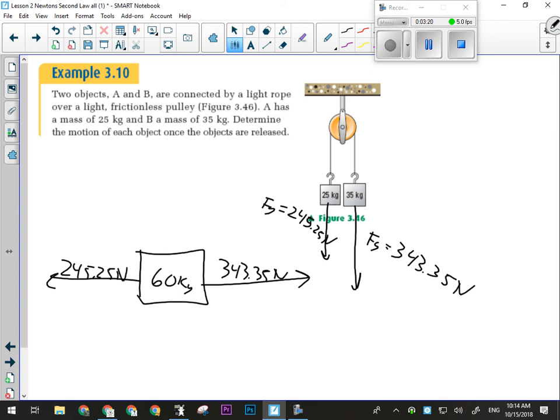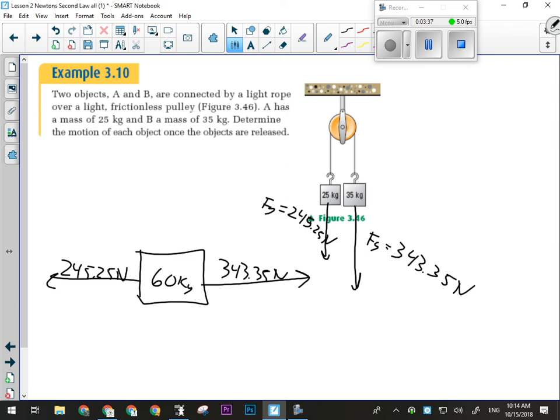That's essentially what's going on here. I have two opposing forces acting on this system. Now, granted, they're both down and I've drawn them as left and right, but that's fine. I'm just trying to find the net force on the system so I can find the acceleration of the system.